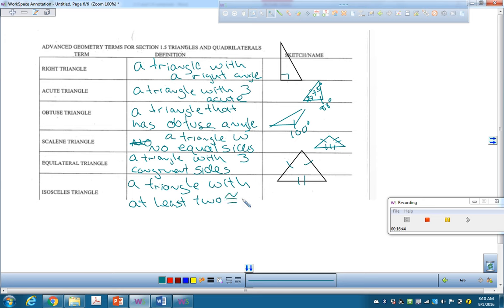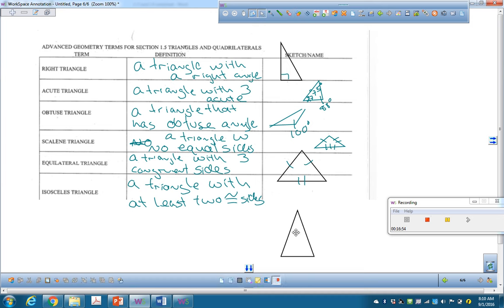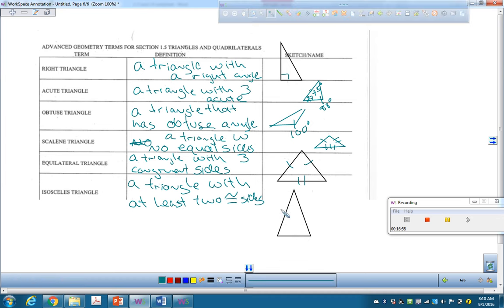I'm going to abbreviate congruent sides. And you can draw a picture of an isosceles triangle. Let's draw one. There we go. And to indicate that it's isosceles, you go like this. And these things in an isosceles triangle have a name.